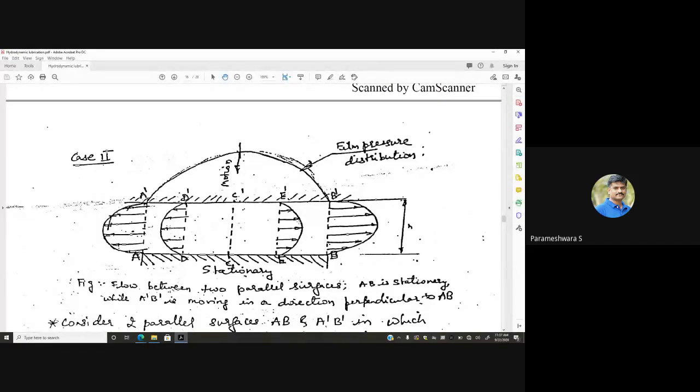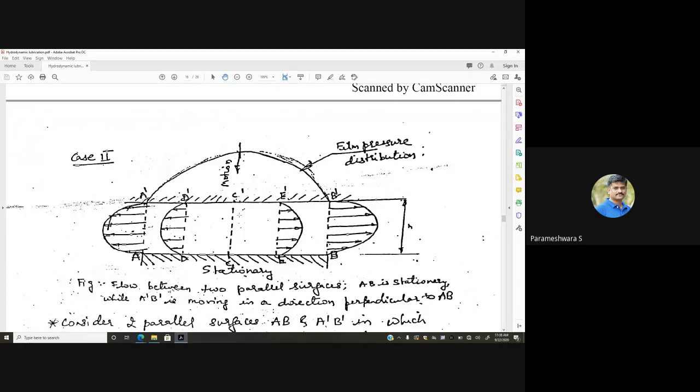So consider two parallel surfaces, AB and A dash B dash, in which AB is stationary while A dash B dash is in motion in a direction perpendicular to AB. So there is no relative motion of the surfaces in the horizontal direction, and the end flow is also neglected, and the oil is squeezed so that it is flowing both to the right and left of the section CC dash.